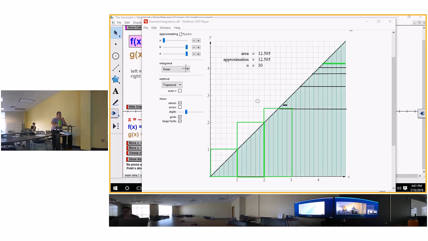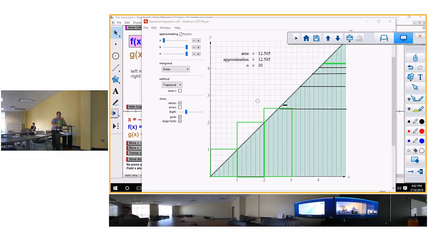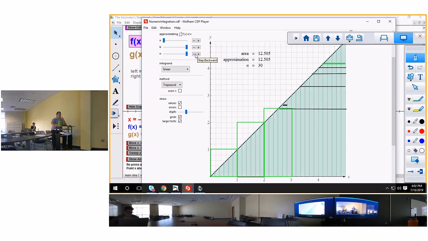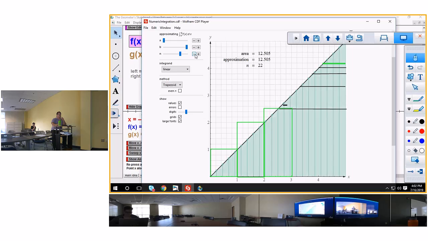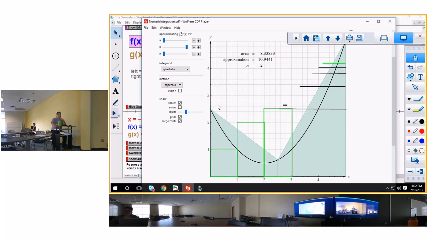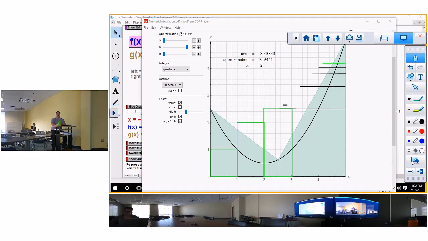Watch this. I'm going to take and I'm going to expand this. And I'm going to change it to a parabola. Okay, does everybody see the error there? Okay, I want to find the area in green under the curve, but look at that. That's a mess. So I need to make it smaller.